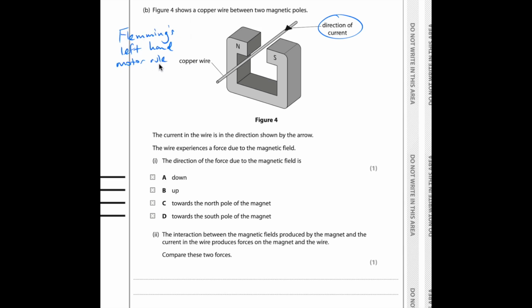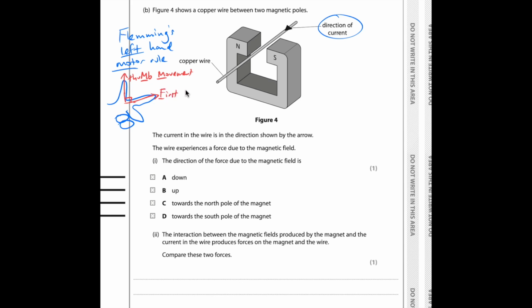Now in England, which is where I am, we motor on the left-hand side of the road. So this is how I tell my students to remember it. If you look at your left hand, your thumb represents the movement, in this case of the wire. The first finger at 90 degrees.